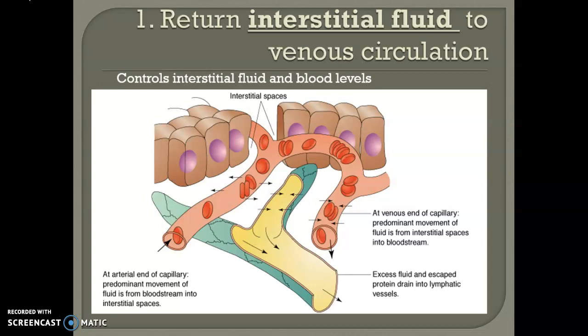If you look at the picture here, you do see the arterial end of a capillary, and obviously we see red blood cells flowing through the capillary. Due to high blood pressure, fluid is forced out of the capillary into the interstitial space, as shown by these arrows here.